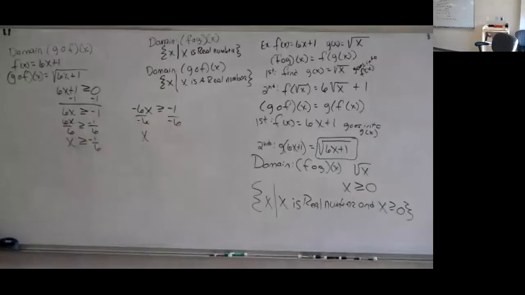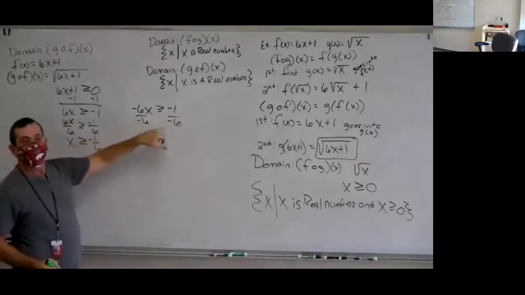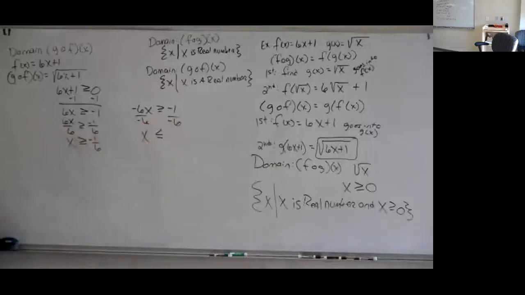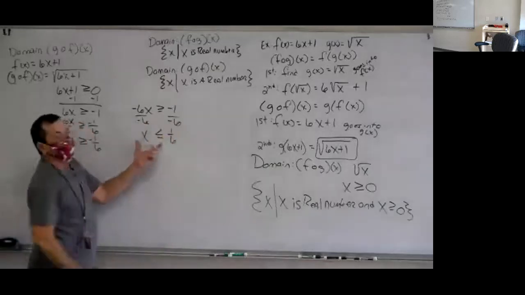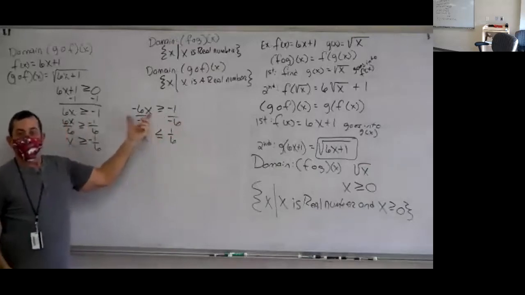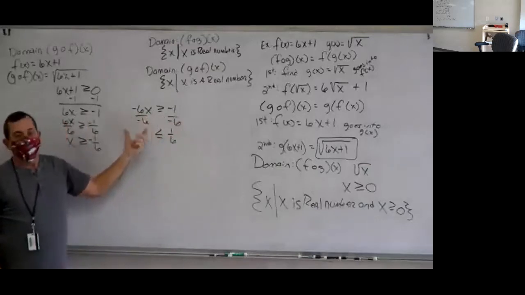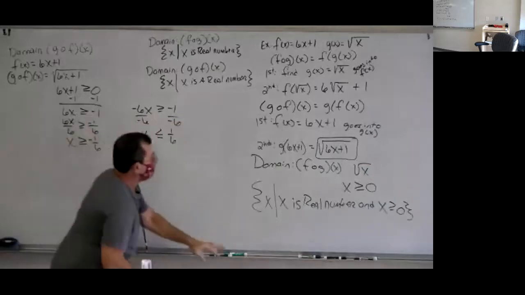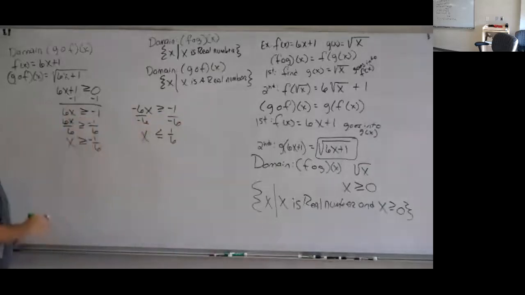This is where I will take that little inequality and flip it, only if I divide by a negative, so that this would become a less than instead of a greater than. So y'all watch for that kind of stuff. If you're solving these inequalities and you got negative values on your x, when you divide by those negative numbers, you do have to flip it, okay? Remember, I didn't have to do that on this, I was just showing you. Okay?